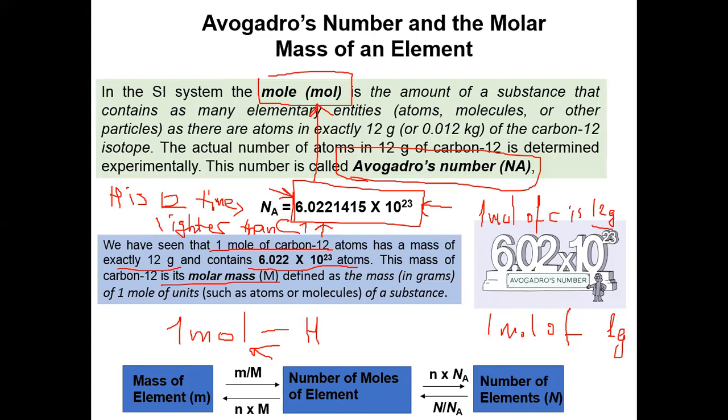I asked the question, what's going to be the mass of 2 moles of hydrogen, for example? Say we have 2 moles of hydrogen, what's going to be the mass of that? 2 grams. Yeah, exactly. It means that the molar mass of hydrogen is 1 gram per mole, because the mass of 1 mole of hydrogen is 1 gram, right?